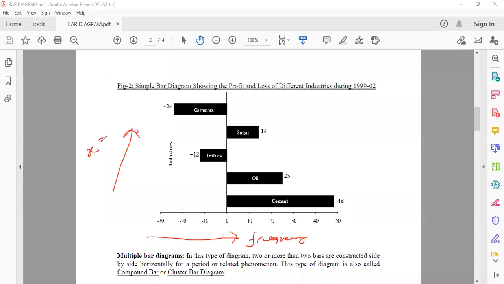X means the industry sector. Sector 1 is garment sector, another is sugar sector, textile sector, oil sector, and cement sector. So this presentation is called horizontal bar.